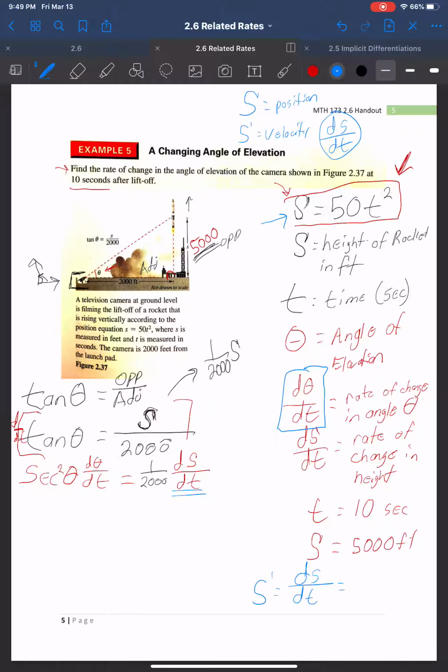Well, the derivative of 50t squared would be 2 times 50 is 100t. All right. So at this stage, I know what to place here for ds dt.